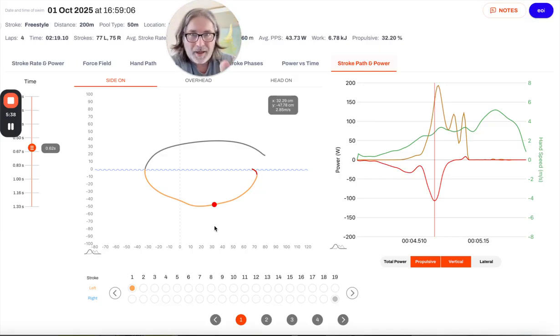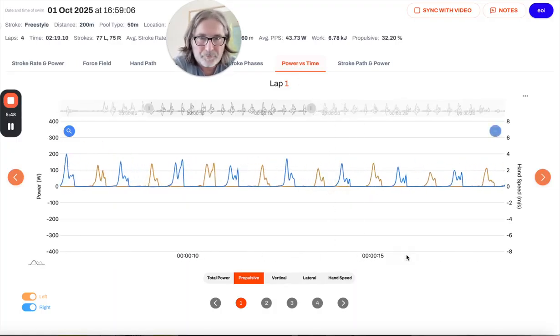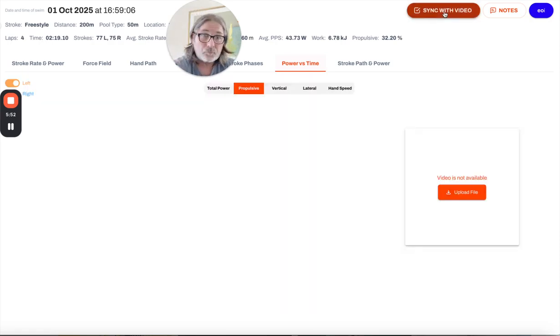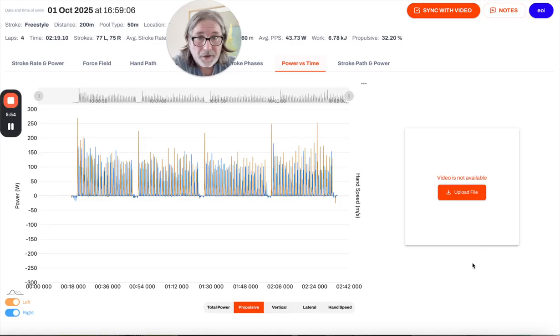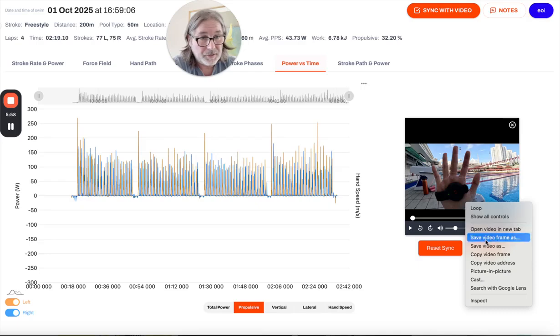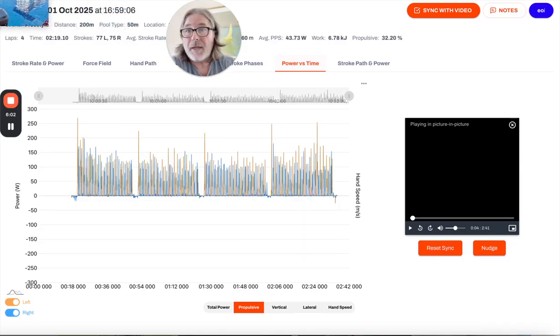Now, the beauty about this athlete, this file that was shared with me, is having the ability to go into the power versus time. Click on this little baby here. And bear with me while we get this to load a little bit, because they did a great job of uploading and syncing their data.